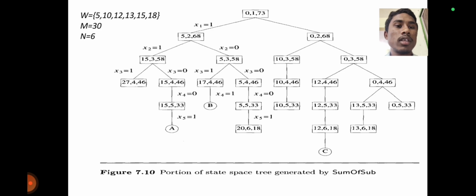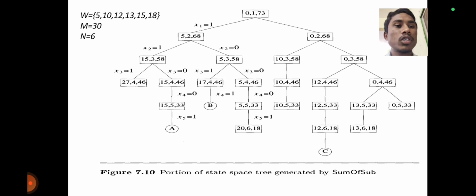Then x2 equals 1, x3 equals 0. Here we can construct accordingly for the subset sum problem. Then this is completed, and again we backtrack to x1 equals 1, and go to x2 equals 0, meaning x2 is not included.